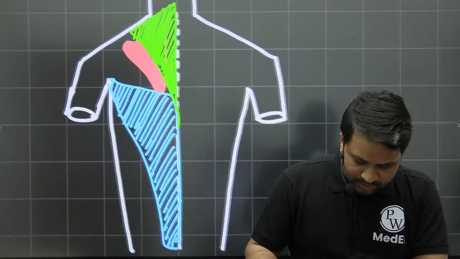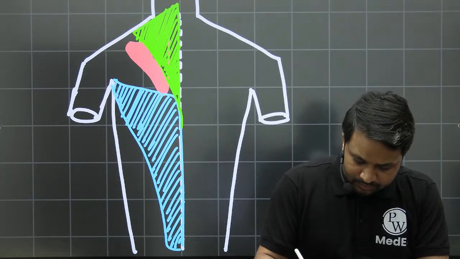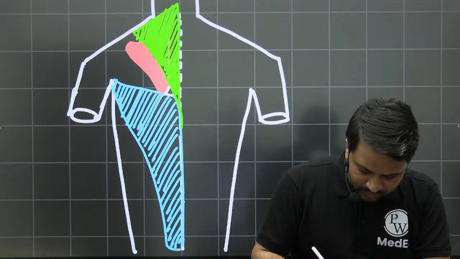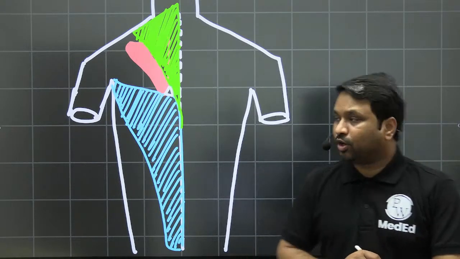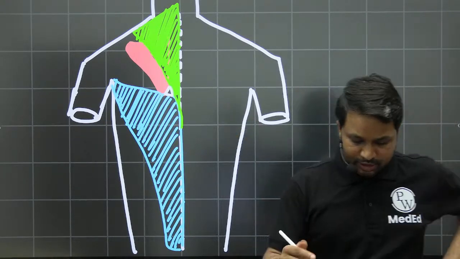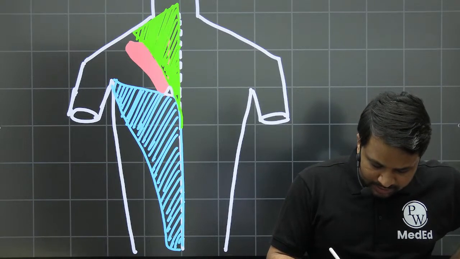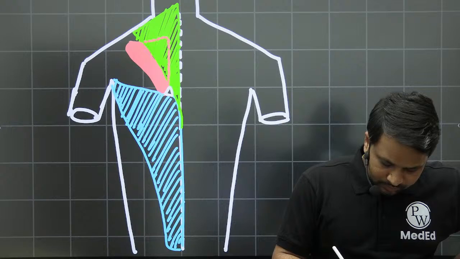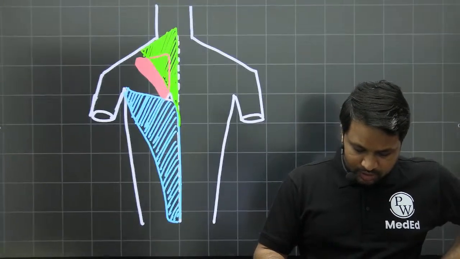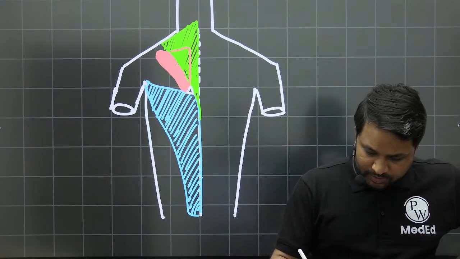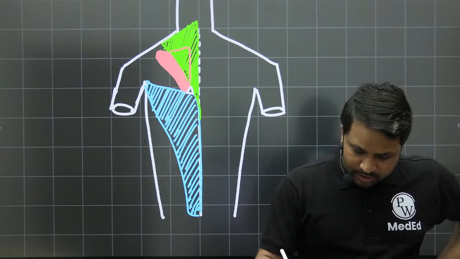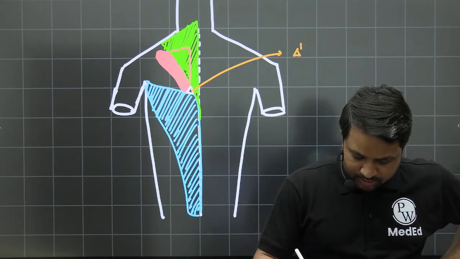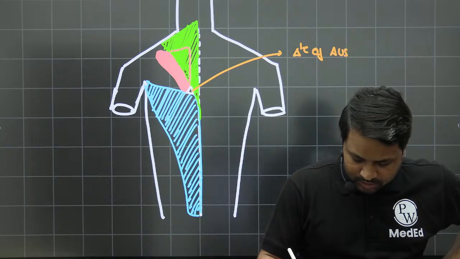This small area which is not guarded by any of them is what we call the triangle of auscultation. Right. So when you talk about the boundaries of the triangle of auscultation, if you look at this entire aspect, this is the triangle of auscultation.